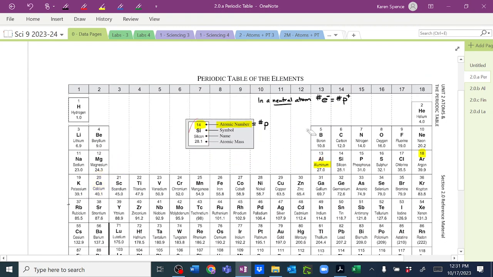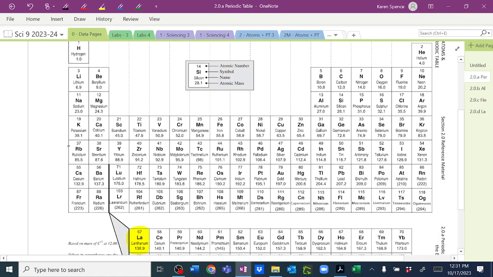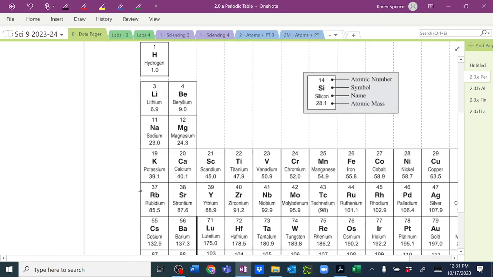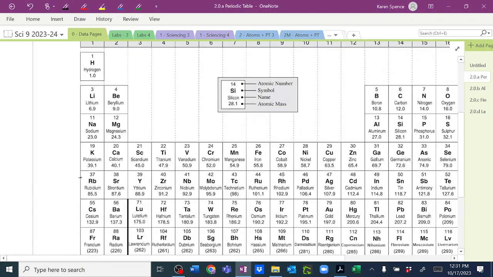Get rid of all of this. What do we call the ones that are shaded in yellow?